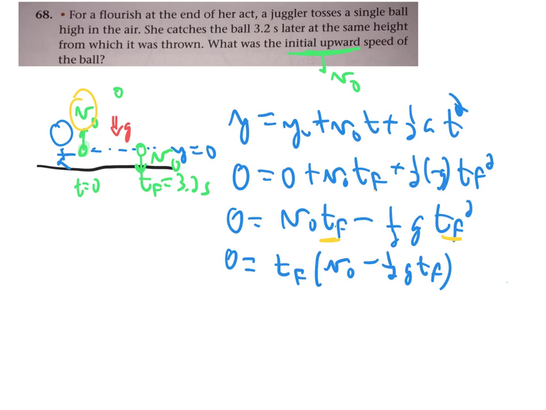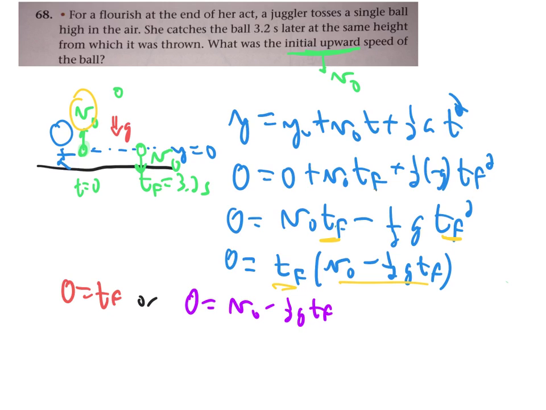And then there's a property from algebra that if 2 numbers multiply to 0, then one of them must be 0, possibly both, but at least one. So either 0 equals tf, or 0 equals v0 minus a half g tf.